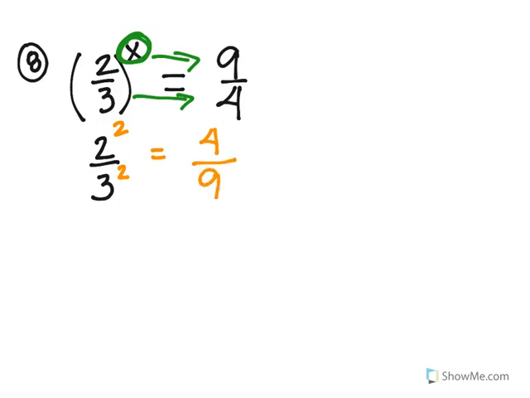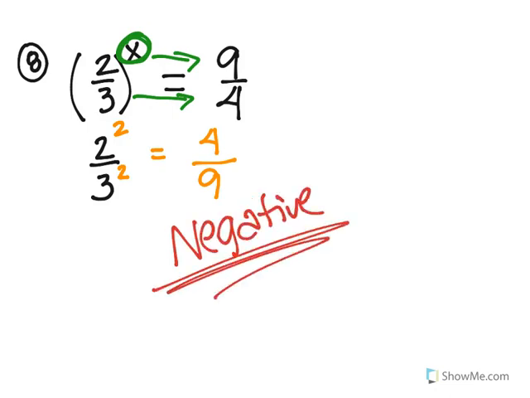Now, I get the numbers, but they're in the wrong spot, according to the problem. So how would I make these numbers flip? Keep in mind, this goes back to when we talked about exponents. That means that the exponent must be negative. That's the only way it can be flipped.